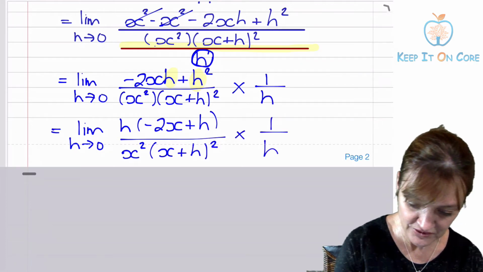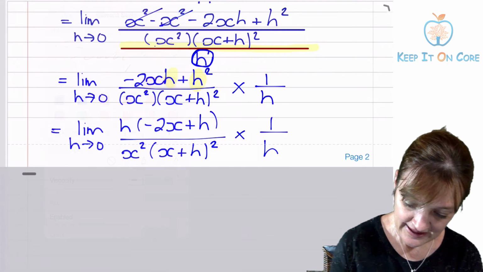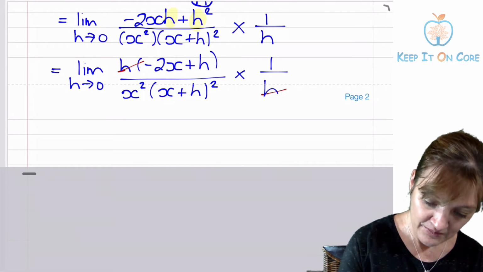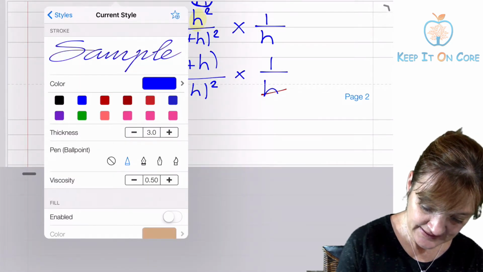I know it's a bit of a long story, but we will get there. So those guys cancel out. Right, so that's gone. Now we go back to where we've got limits.